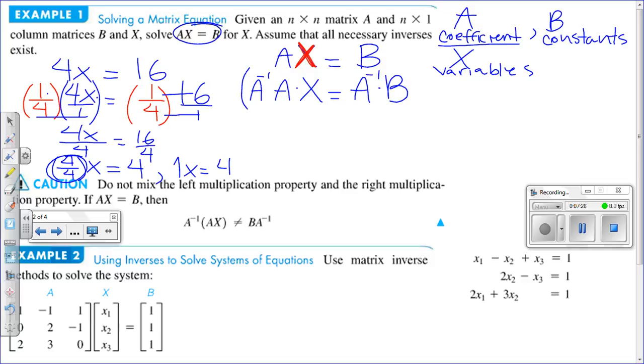Now, we saw in the previous section that if you multiply a matrix times its inverse, you will get identity. And so what do you get if you multiply a matrix times the identity? It's like multiplying a number by 1. You get the same number, or in this case, the same matrix.